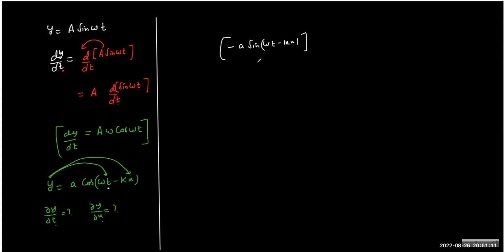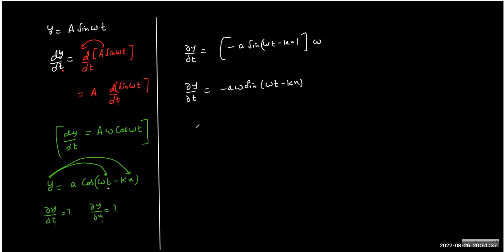Omega. So del y by del t comes out to be minus a omega sine of omega t minus kx.